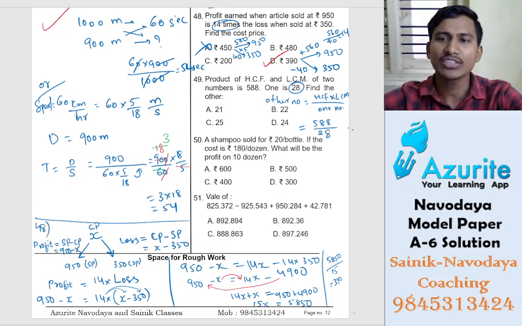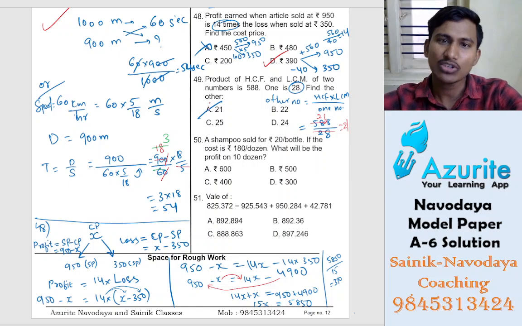You just have to divide them two and you will get answer 21, right? So you can divide it. 28 2s are 56, 2 will be remaining. 28 1s are 28. So that is 21 answer, option A here.